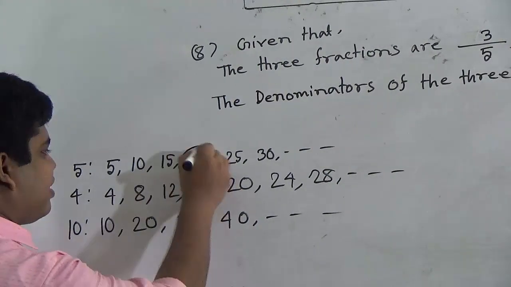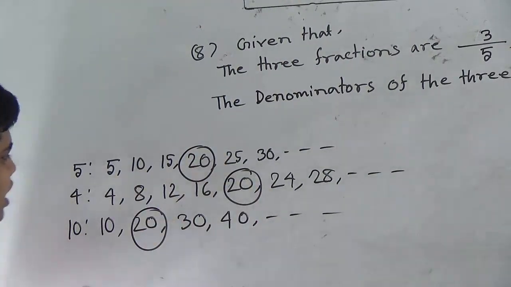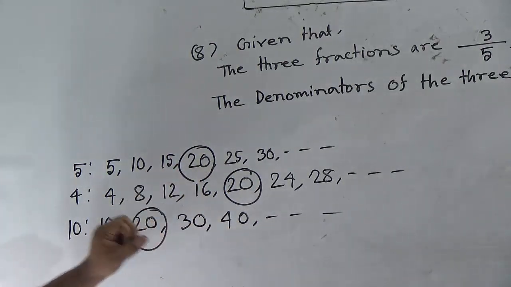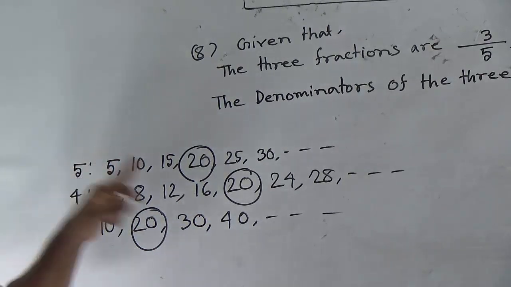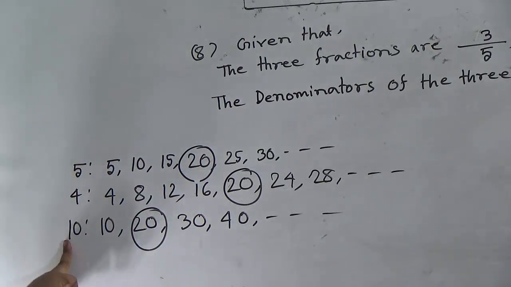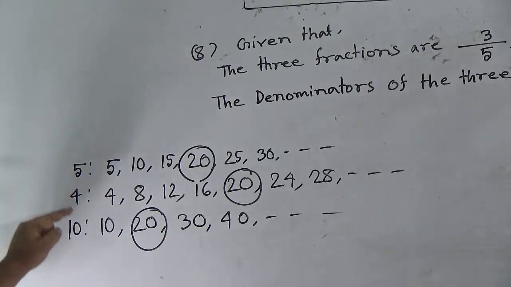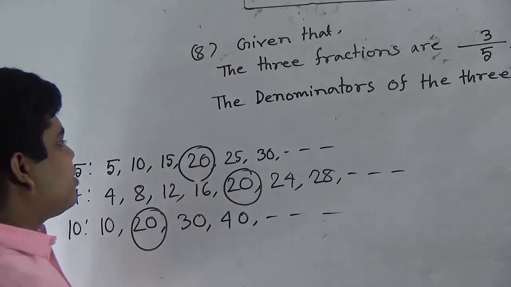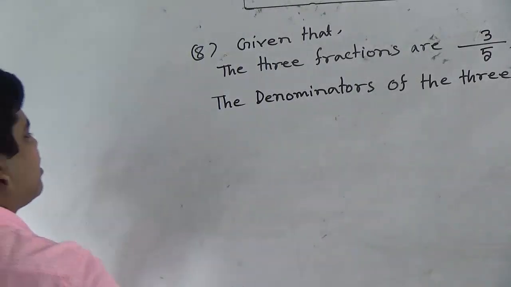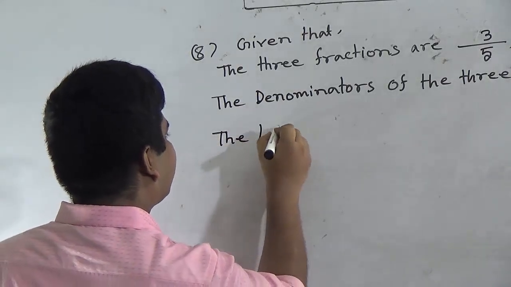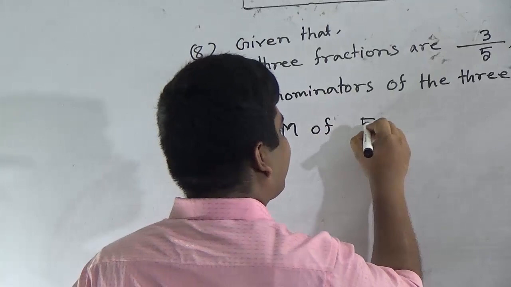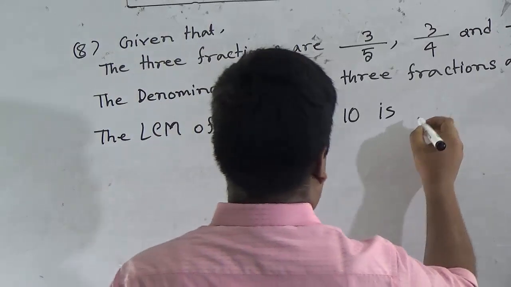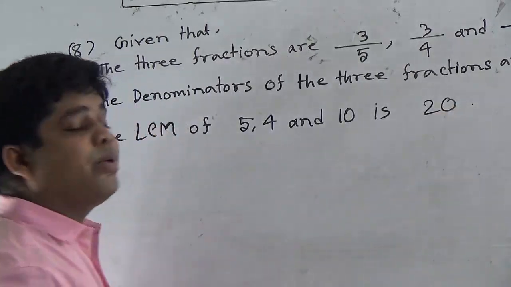Here 20 is the common multiple of 5, 4 and 10, and it is the least common multiple. So the LCM of 5, 4 and 10 is 20.